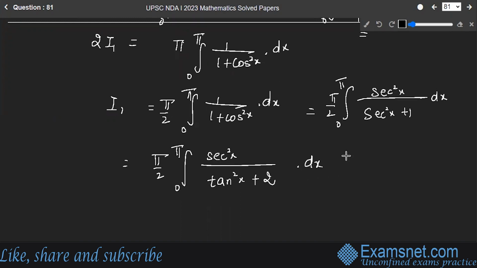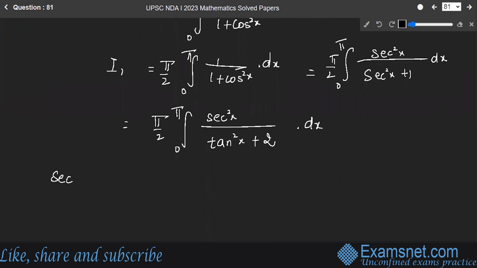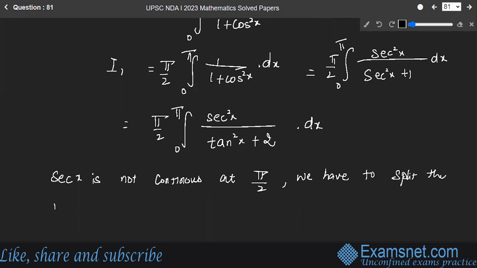Now further, secant x is not continuous at pi by 2. You know this. Not continuous at pi by 2. So we have to split the integral at the point of discontinuity.